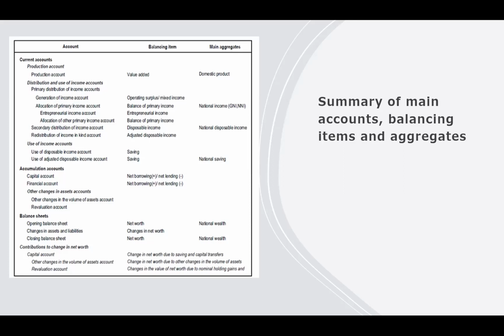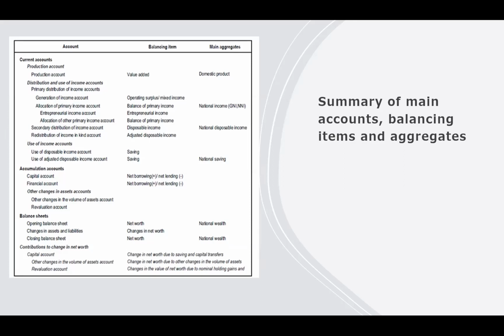And under accumulation accounts, capital account, financial accounts, and other changes in asset accounts, and sub accounts under other changes in assets accounts. And balance sheets, we see the opening and closing balance sheets, as well as changes in assets and liabilities. We see the balancing item and the main aggregates.